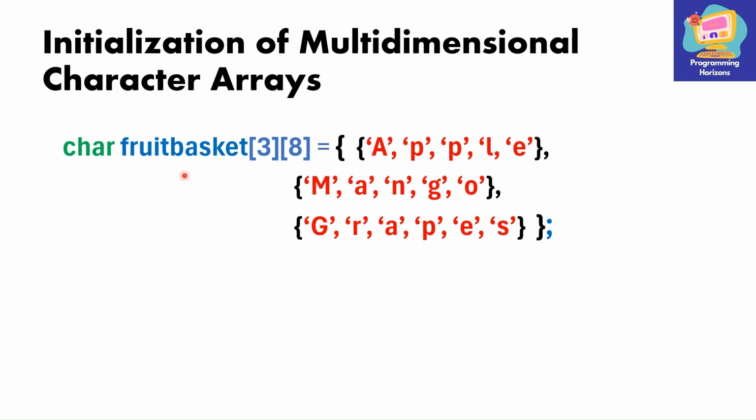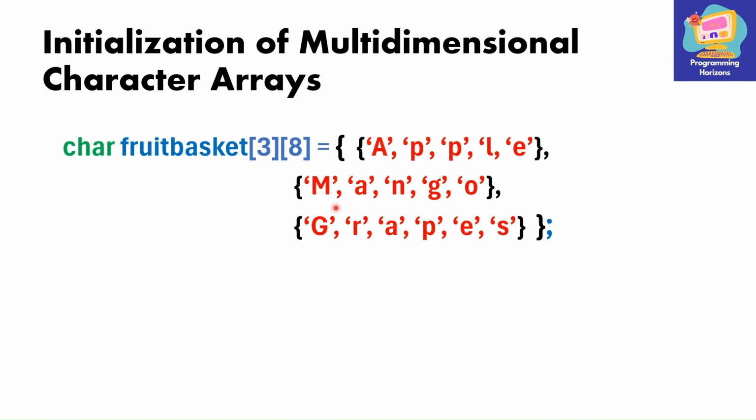In this case, our fruit basket multidimensional array consists of 3 rows. So we have created 3 separate character arrays and 8 columns means that each of these rows can contain a maximum of 8 characters. In our case, the first row will contain these letters A, P, P, L, E, and these are 5 characters.